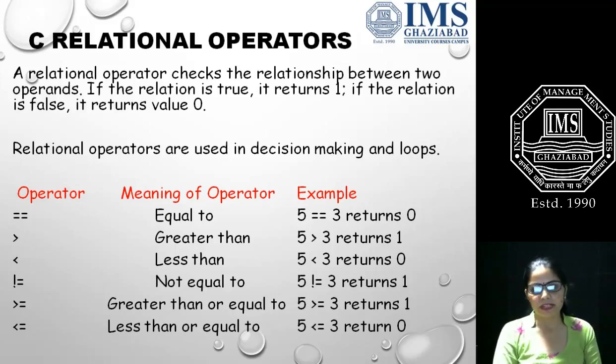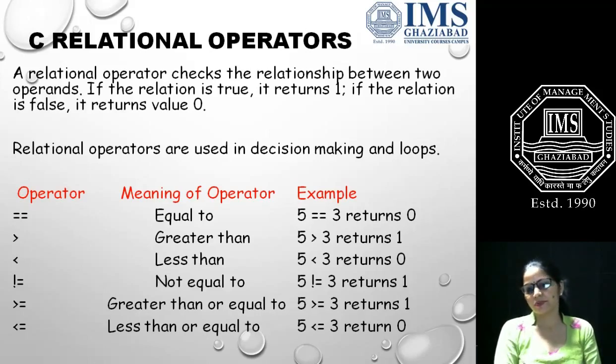The meaning of these operators, as is clear from the symbols: double equal means equal to. 5 equal to 3? Yes, we know it is not true, so it would return 0. 5 greater than 3, yes, it is true, it would return 1. 5 less than 3, it would return 0. 5 not equal to 3, of course it is true, it would return 1. 5 is greater than equal to 3, it would return 1 as the value is true.